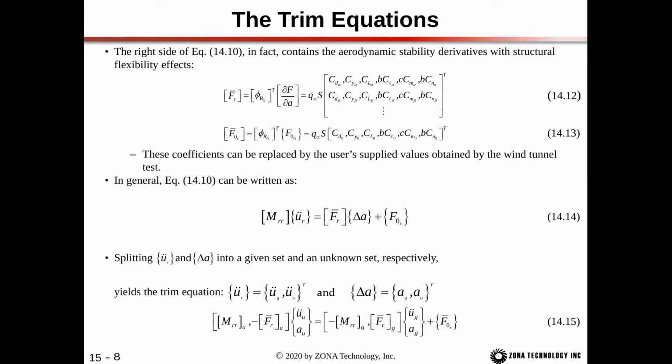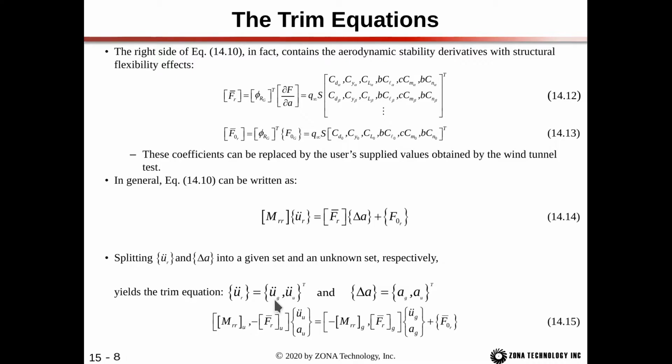In general, equation 14.10 can now be written as shown here. M_RR times ü_R equals F̄_R times δ_A plus F_0R. Now splitting ü_R and δ_A into the given set and the unknown set, respectively, yields the trim equation.